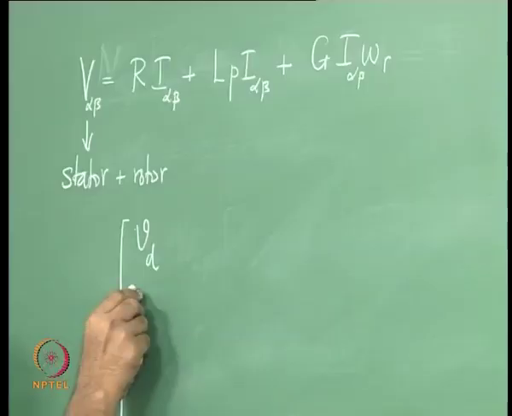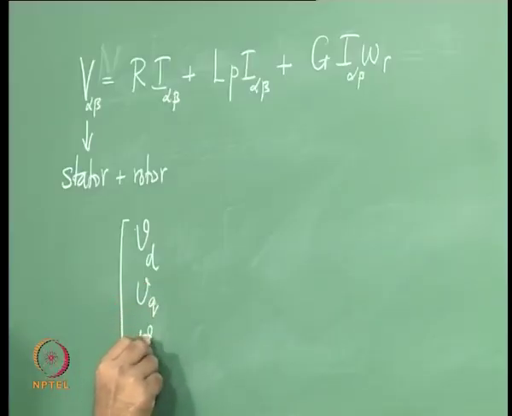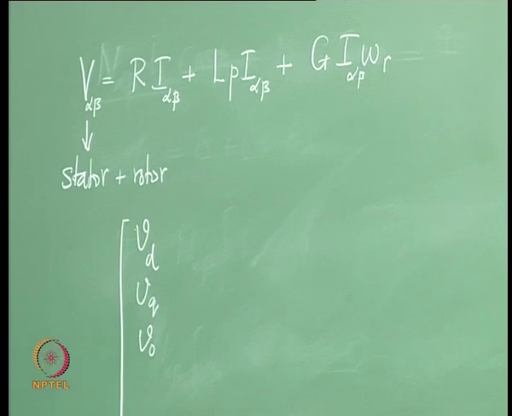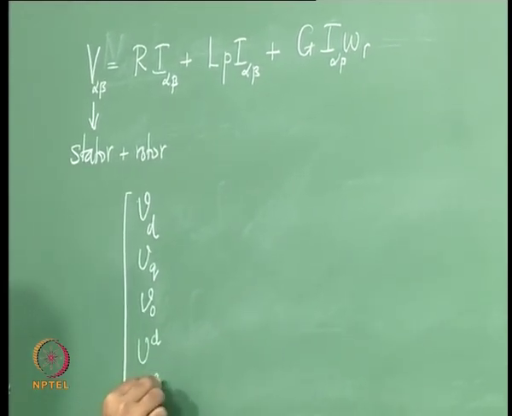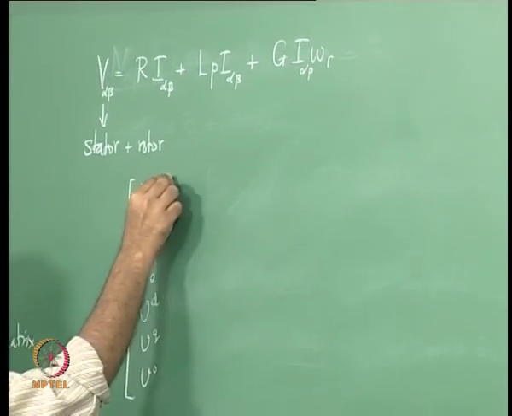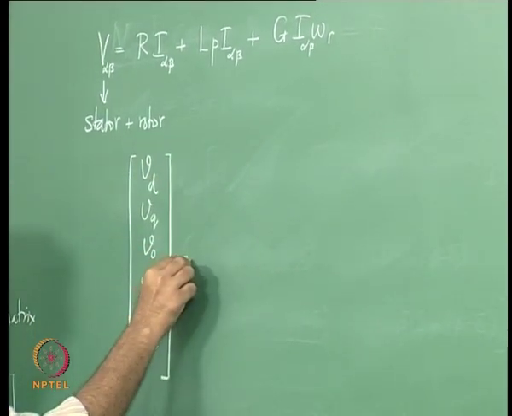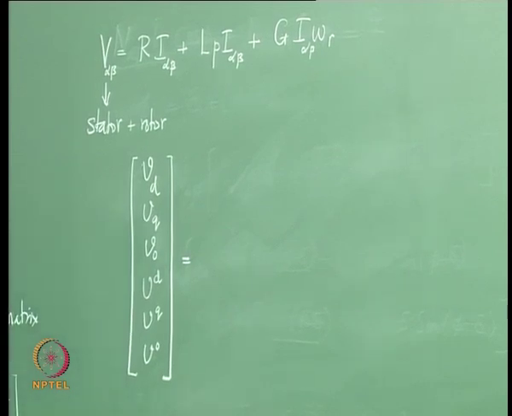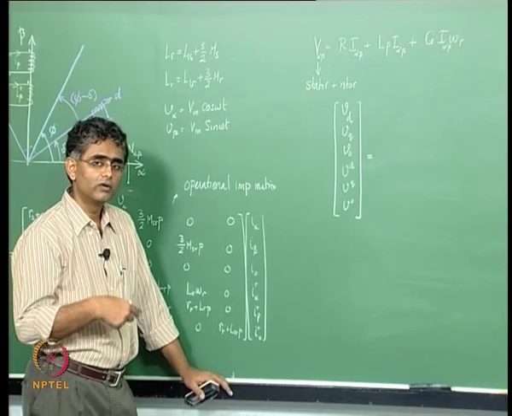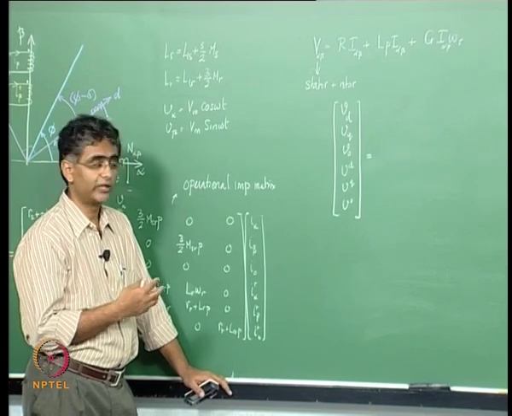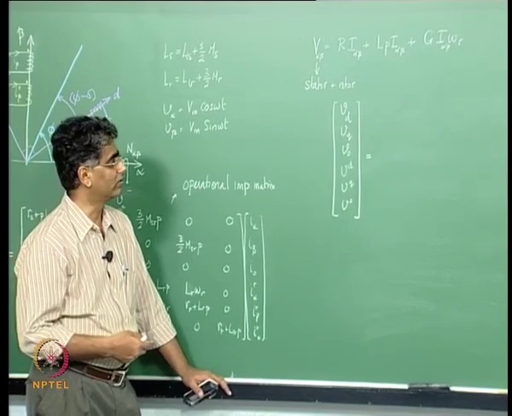So, let us say Vd, Vq, V0, these are the stator terms, and then you have Vd, Vq and V0 which are the rotor terms. So, that is what we have, and we need to define them in terms of V alpha, V beta, V0 for the stator and the rotor.